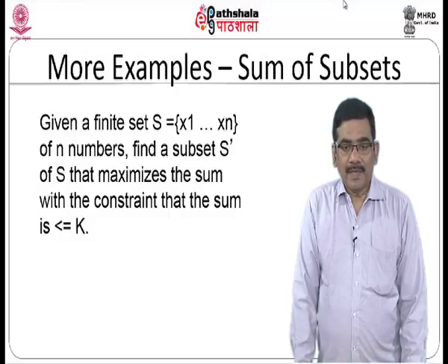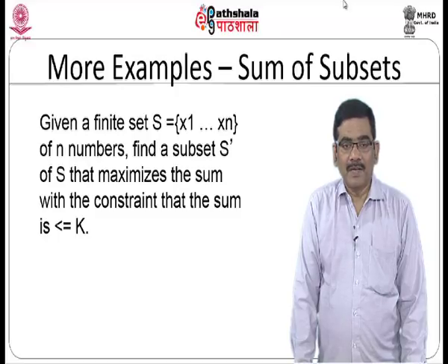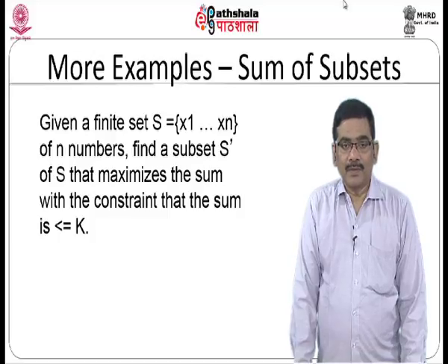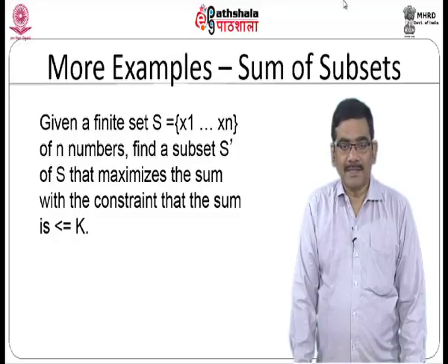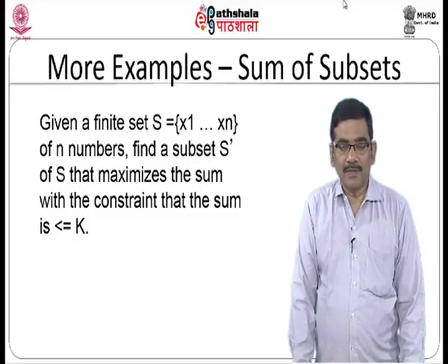Another problem you can design for is sum of subsets, where you have a finite set x1, x2 up to xn. So, this is for n numbers. You have to find a subset S prime that maximizes the sum with the constraint that the sum is less than or equal to k.